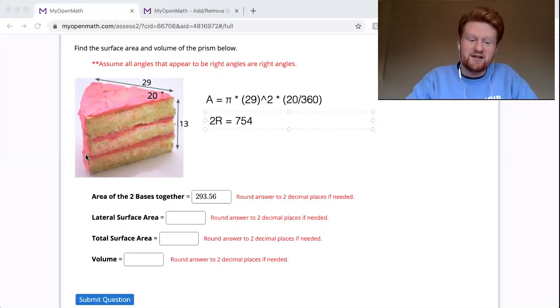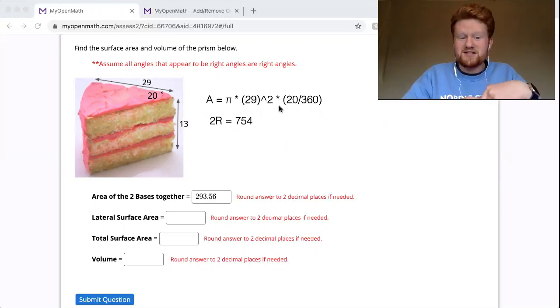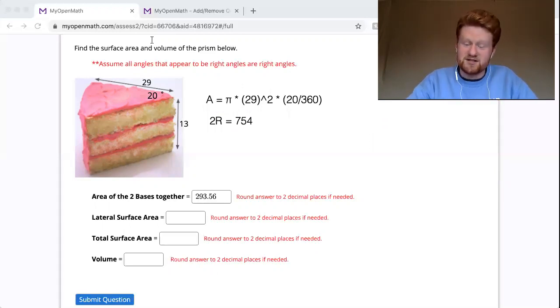And now we need to find this curved surface. So again, we're going to use the same strategy as we used with the area of our base, by taking what we would have gotten had we had the whole cylinder and then timesing by 20 divided by 360 to get only the portion that you want. So to find the lateral surface of a full cylinder, we took the circumference times the height.